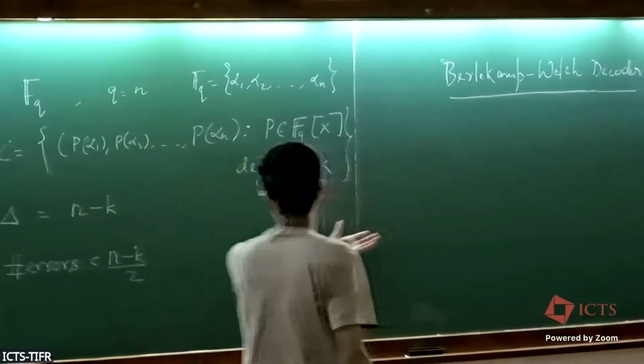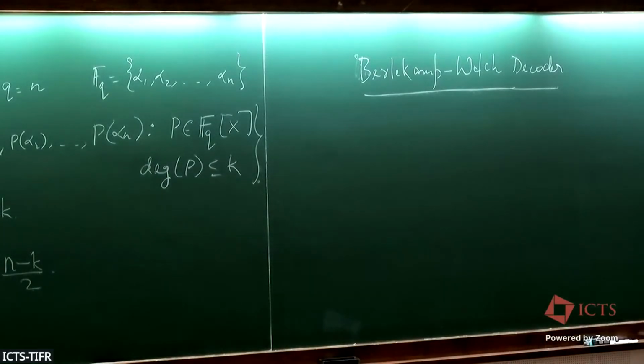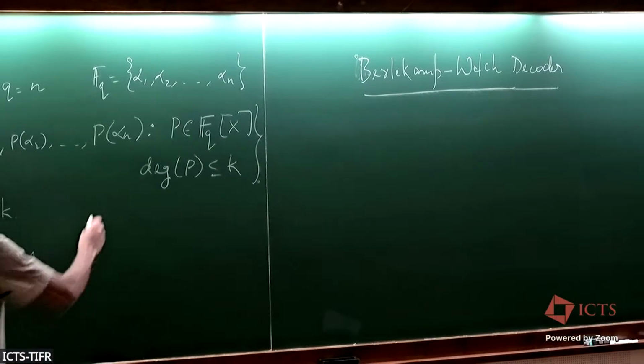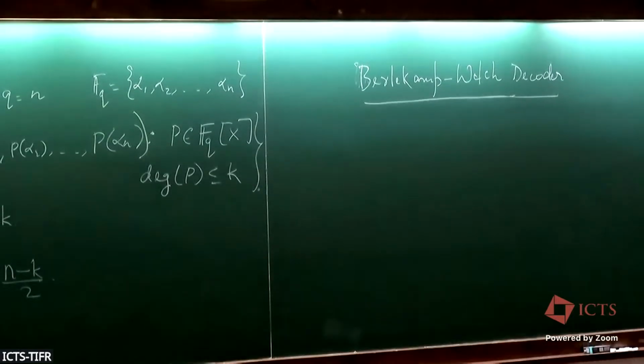This is going to be an efficient algorithm that will take as input a received word. So we'll be given a string of length n over F_q, close in Hamming distance to a legitimate code word of this code, where the number of errors will be less than n minus k over 2, and our goal will be to find the closest code word.